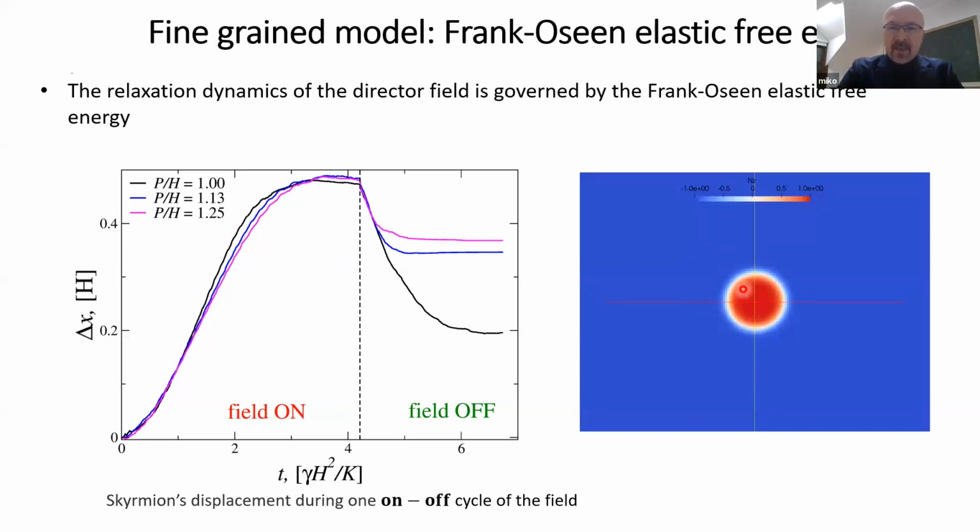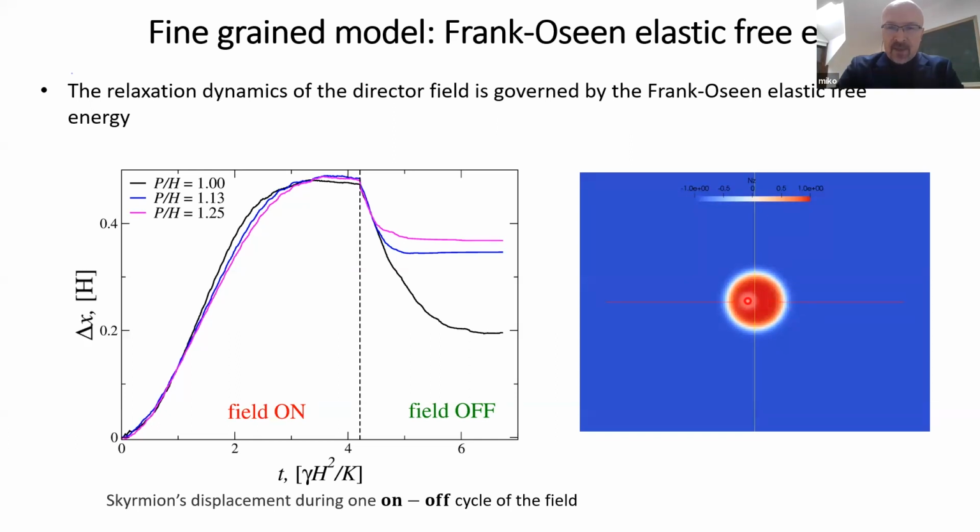You have the central red-colored region where the director points away from the screen. So the color code represents the Z component of the director field, the component perpendicular to the screen. The blue color corresponds to the director pointing towards the screen, and this transition is a twist region.